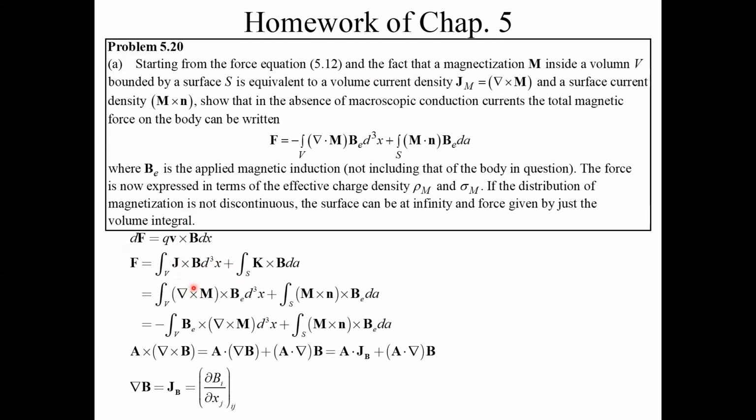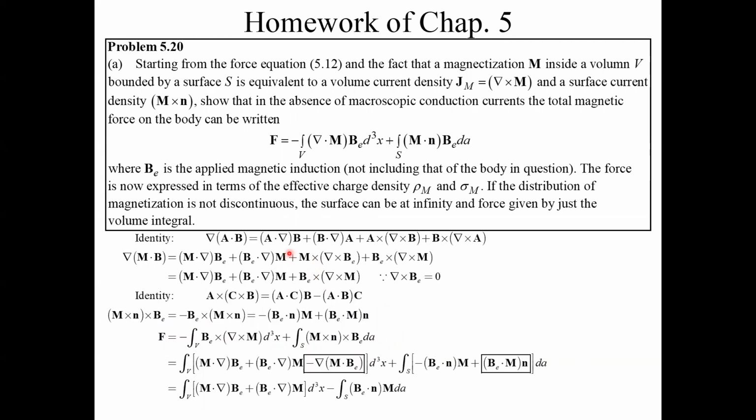And expand our J and K. It will be like this, and change the position. Okay, and here, this one is the Jacobian matrix. And next, we use some identities to help us calculate the force.